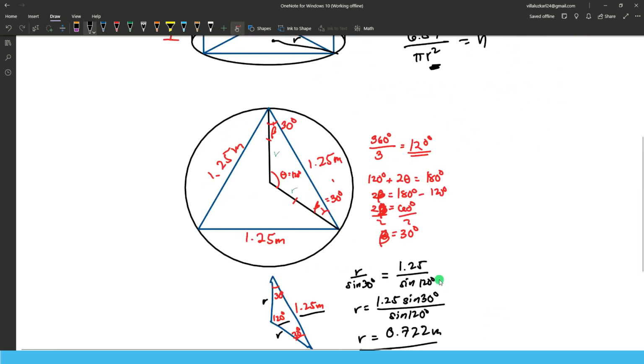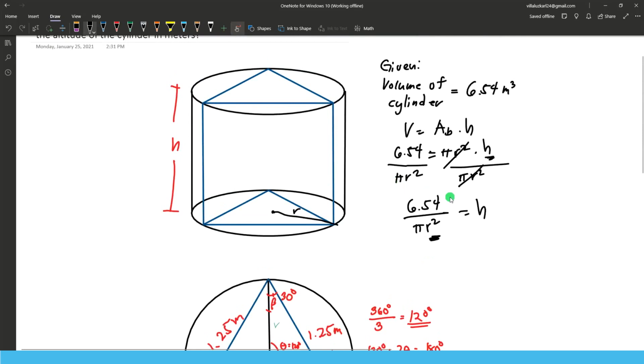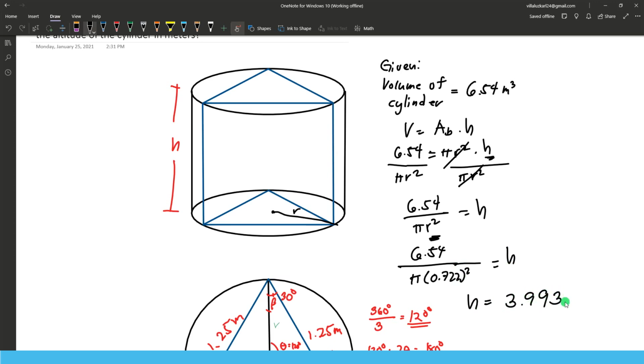Going back to the formula, we can now substitute r: 6.54 over pi times 0.722 squared equals h. So h is therefore 3.993 meters. That's the answer.